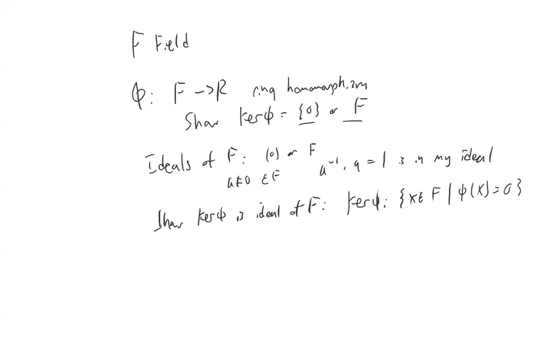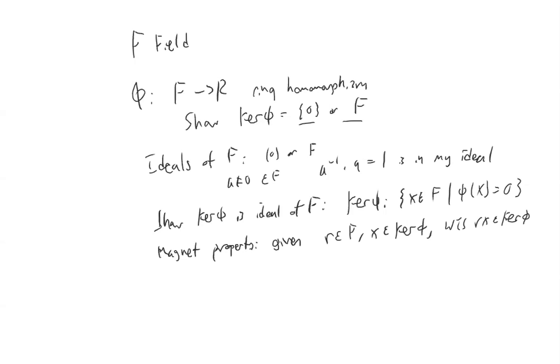Everyone agree? At this point, you're just checking axioms. Let me do the magnet property. I think I did this in discussion, but let's do it again. Given r in F and x in kernel phi, I want to show rx is in kernel phi.